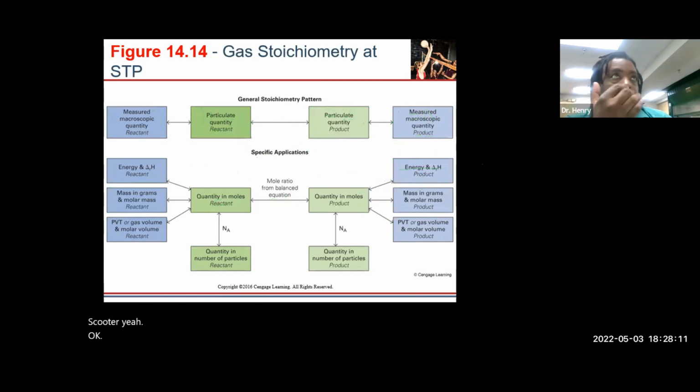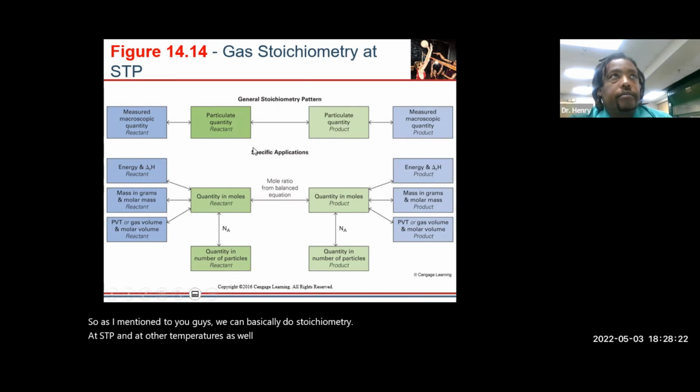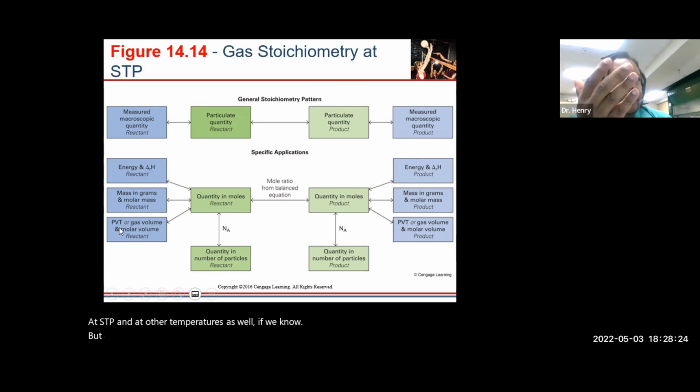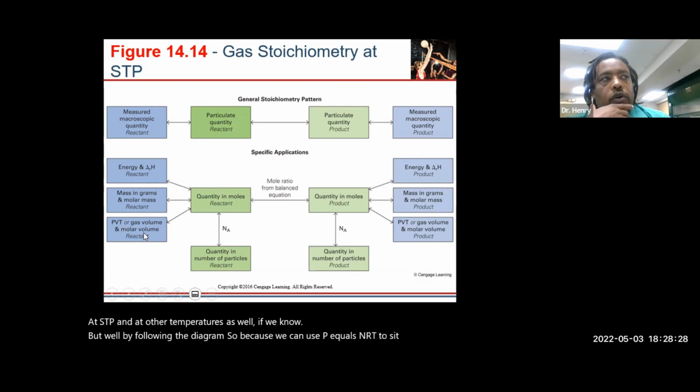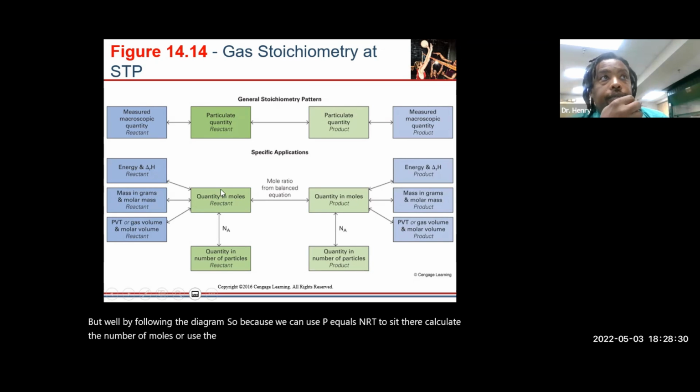So as I mentioned to you guys, we can basically do stoichiometry at STP and at other temperatures as well, by following this diagram. We can use PV equals nRT to calculate the number of moles, or use the molar volume.